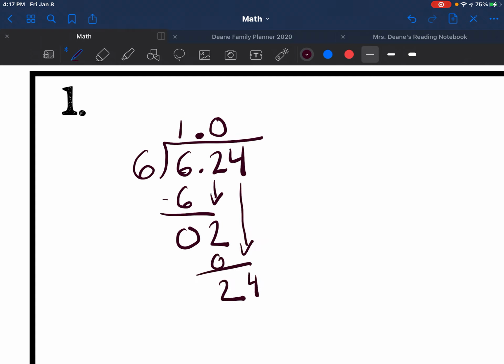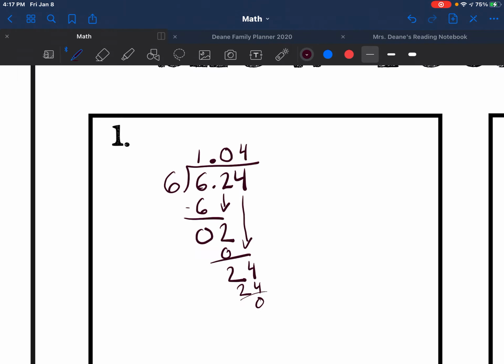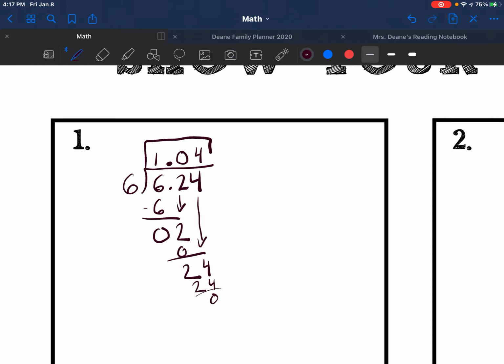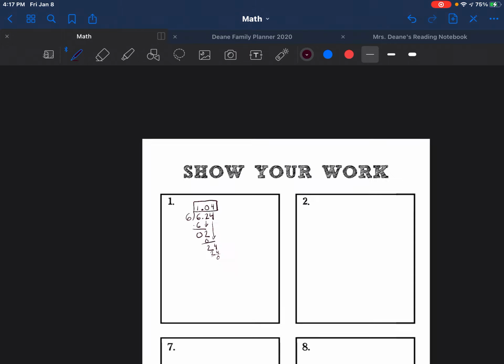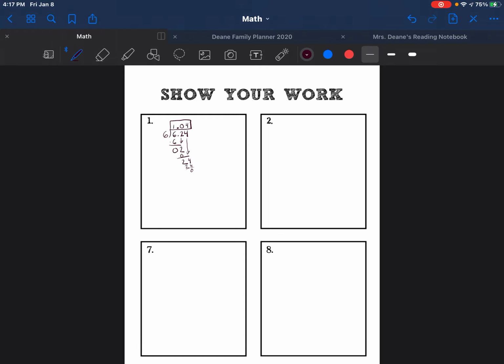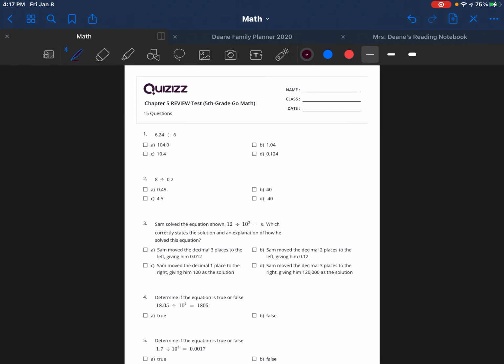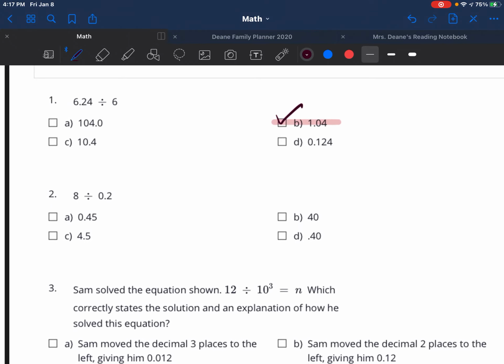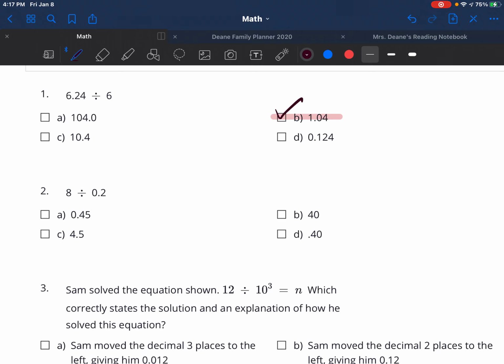Bring down my 4. 6 times 4 is 24, and that is 0. So we always box in or circle our answers. So my answer was 1.04, so I'm going to come back, find 1.04, which is here. And most of you would probably check that off, not highlight it, but just so that you can see it on your end. Okay? All right.